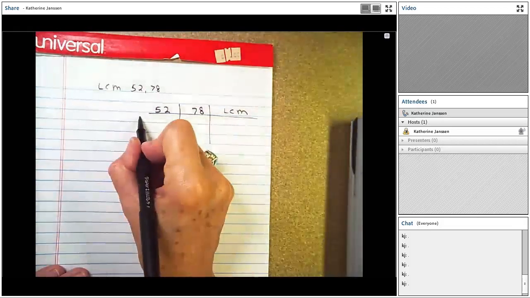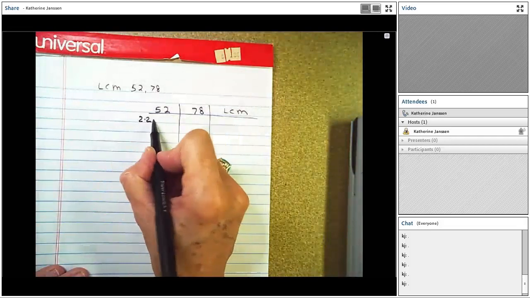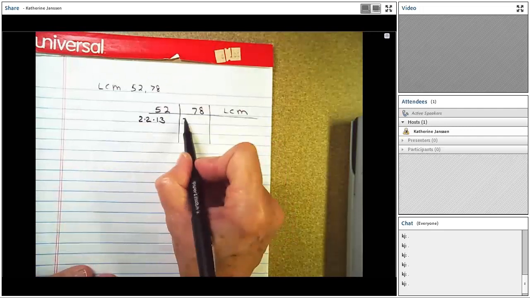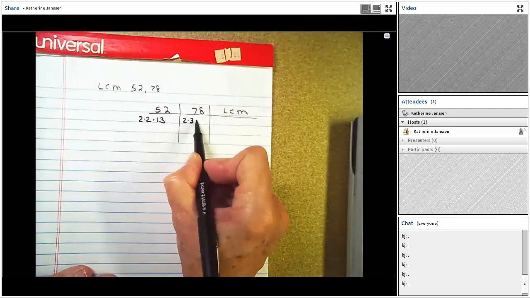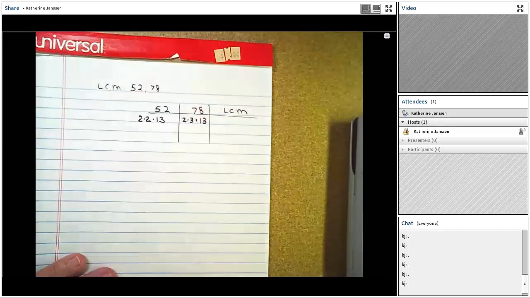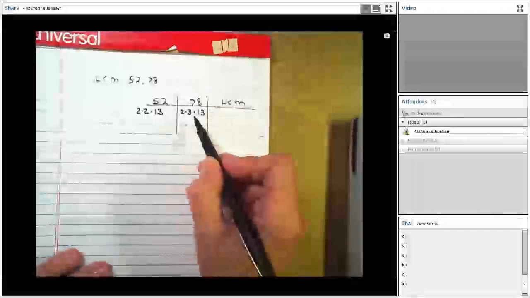And 2 times 2 is 4. 4 times 13 is 52. And 78, 2 times 3 times 13 is 78. And you can check using your factor tree to arrive at your unique prime factorization for each of these numbers.